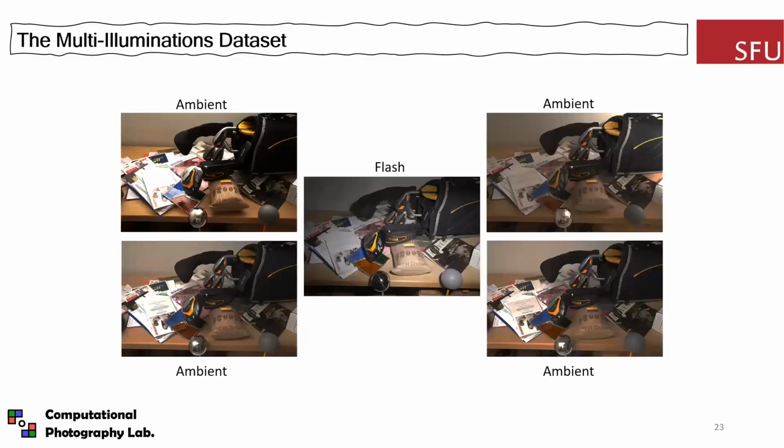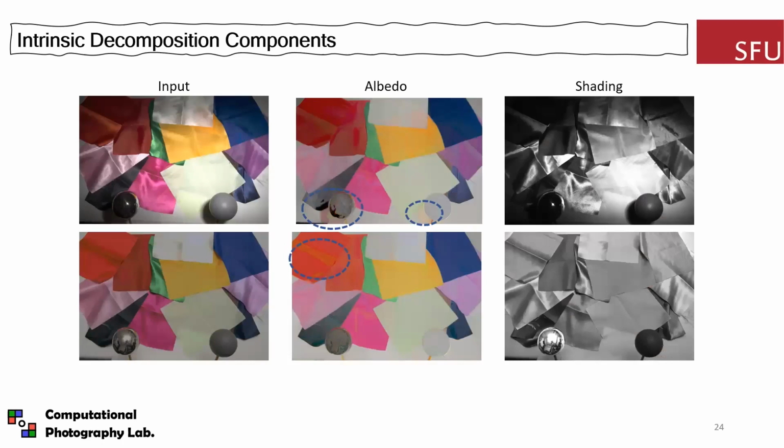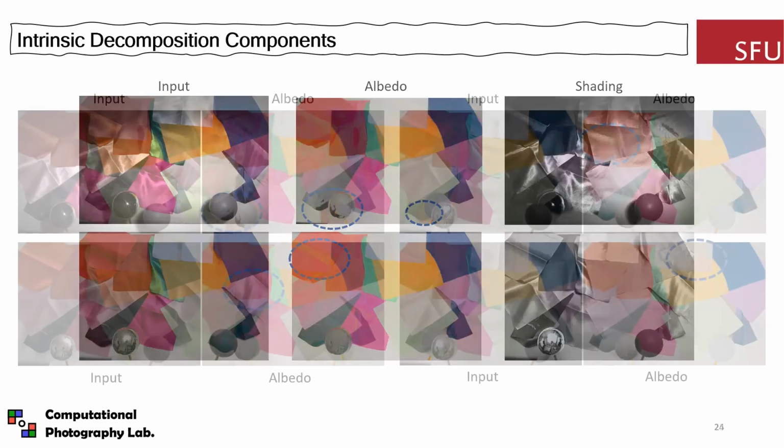Multi-illumination dataset has indoor images taken with 25 different lighting directions. One of the directions is direct flash illumination, and the remaining lights are selected as indirect ambient illuminations. We also use an off-the-shelf approach for intrinsic decomposition to make the corresponding albedo and shadings. However, the predictions are not accurate as seen in this figure.